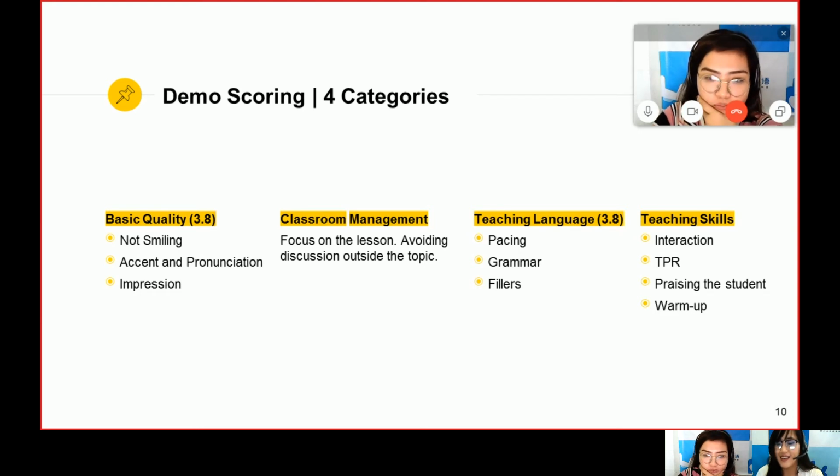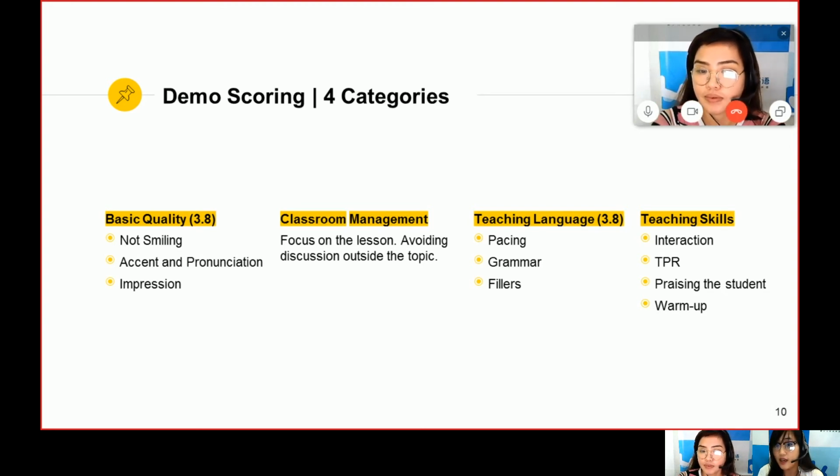And then teaching language. The important categories here are the basic quality and the teaching language. You must get a 3.8 in the teaching language and 3.8 at the basic quality. So pacing here depends on the level of the students.